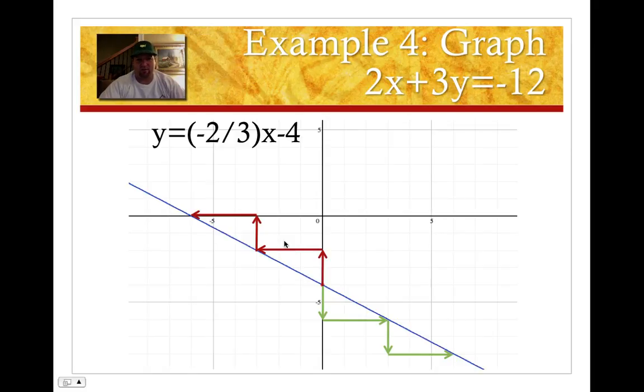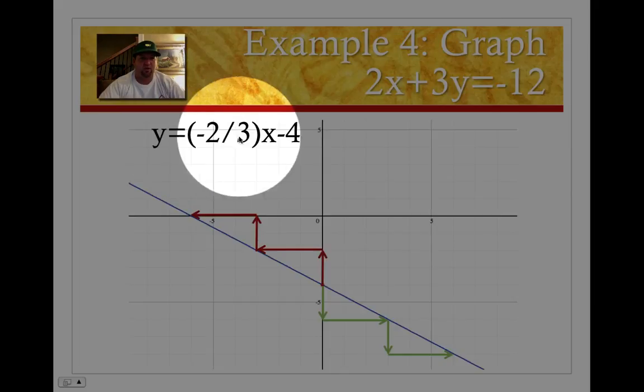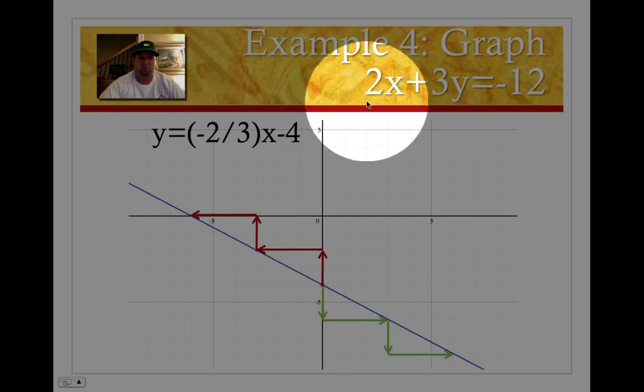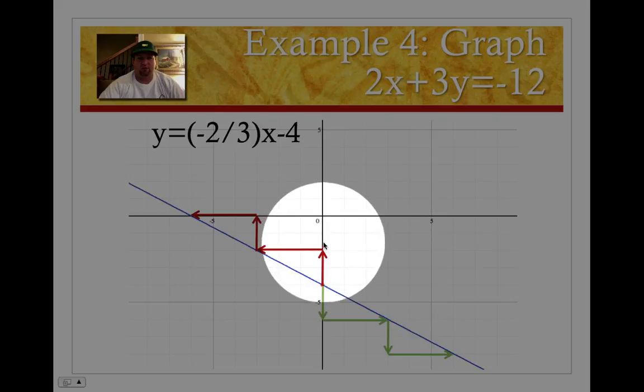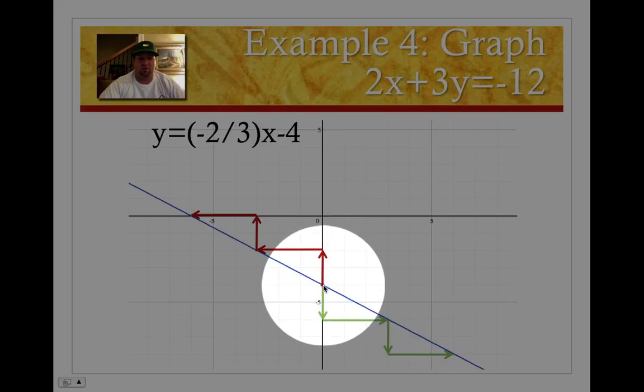Okay, here's the graph. Again, I copied the image from that online graphing calculator. I have the equation here just to show you that this is our original and this is what we adapted to get it in slope-intercept form. These are the exact same equations, they just look different. The first step is to plot the y-intercept, so (0, -4) is down this way.